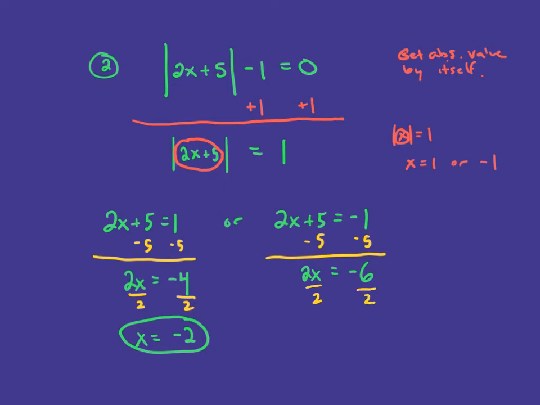And then x equals negative 3. So again, two answers. You want to enter those in with a comma between: negative 2, negative 3.